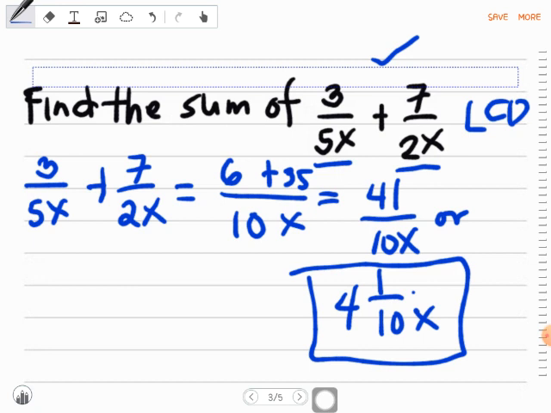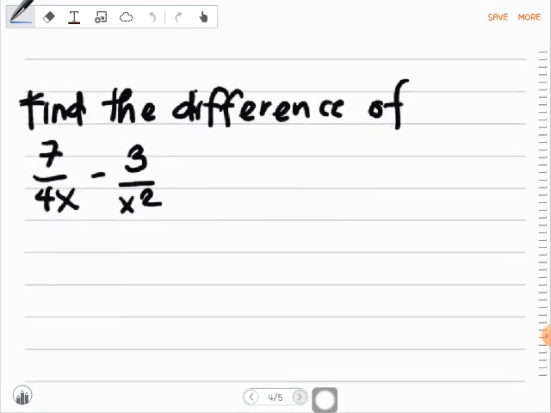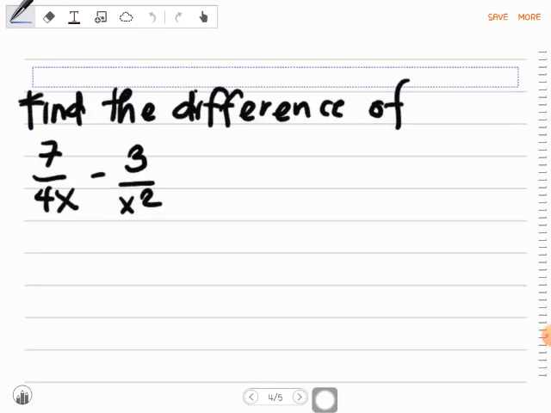Okay? Now, let's have the difference. Find the difference or subtract 7 over 4x minus 3 over x squared. Again, hindi sila pareho ng denominator.